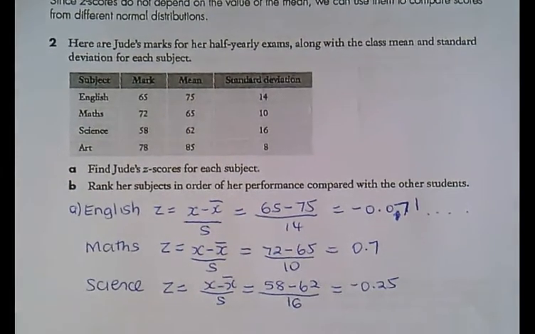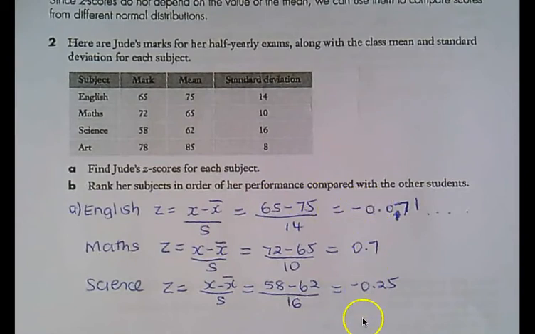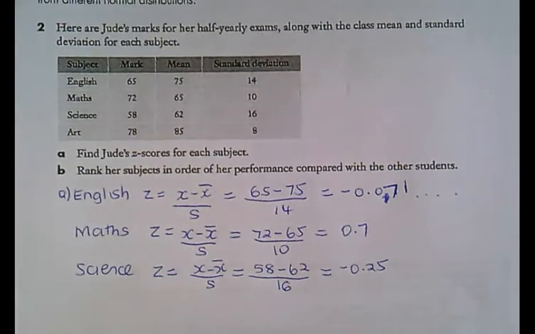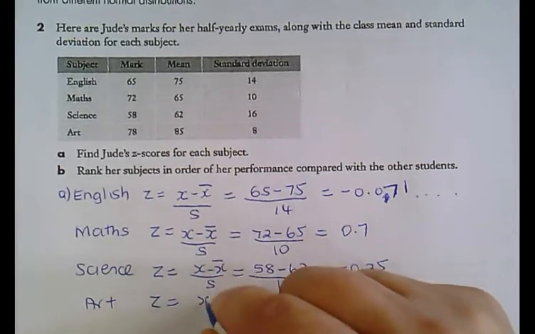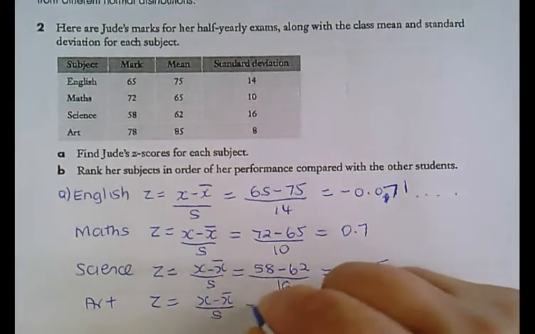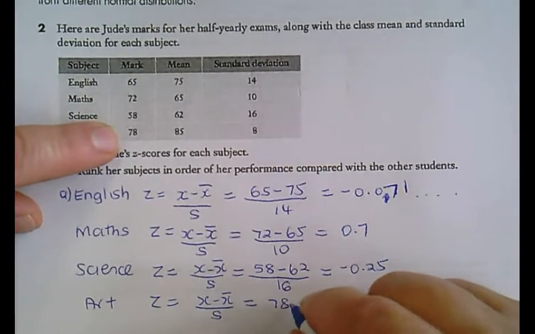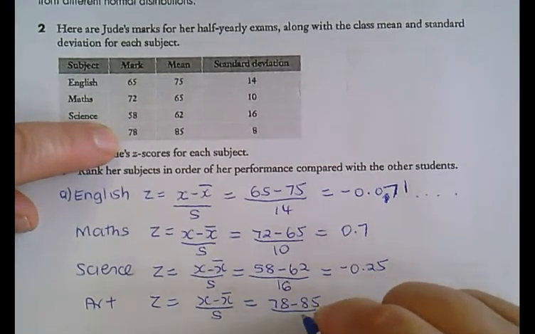So which one's better, English or science? Oh, yes, English is, sorry. And art, the Z-score is X minus X bar, or mean, over standard deviation. 78 minus 85 over 8.